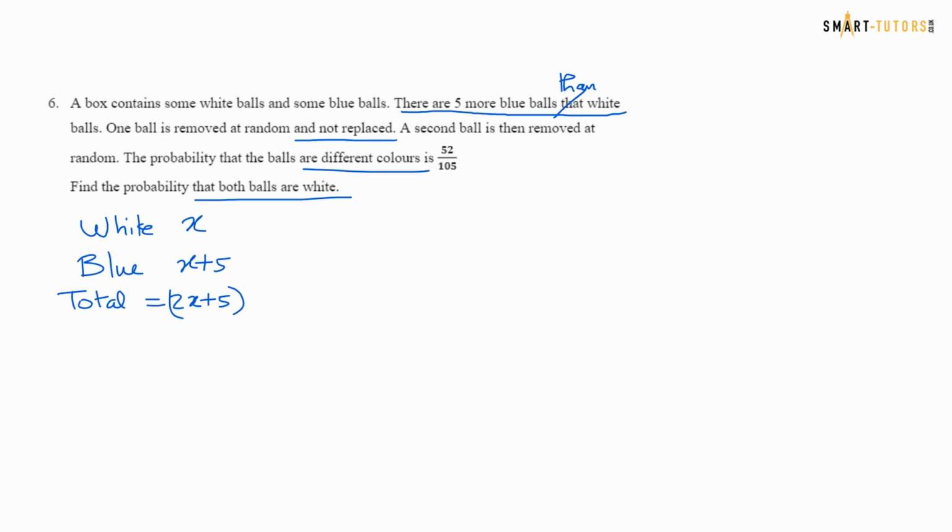Right. Now the information given is that the probability that the balls are different color is 52 over 105. That means probability of white, blue plus probability of blue, white added together gives 52 upon 105.